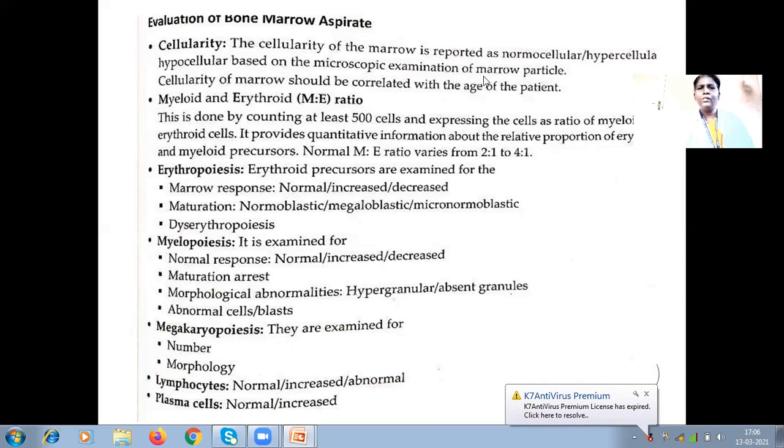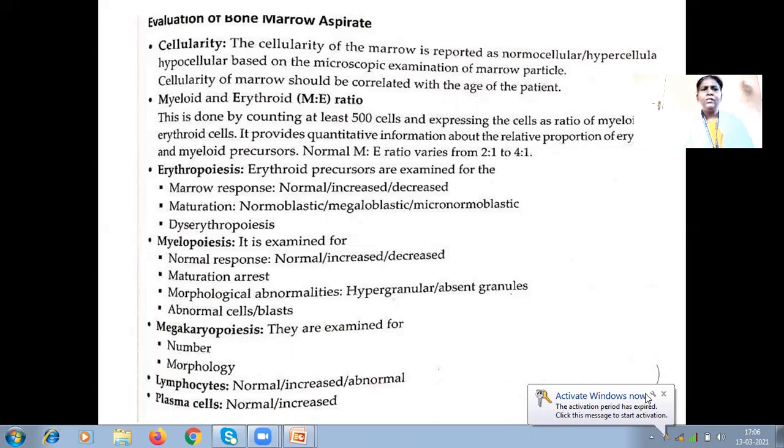Then erythropoiesis. Erythroid precursors are examined for the marrow response, whether it is normal, increased or decreased. Then maturation: normoblastic, megaloblastic or micronormoblastic.